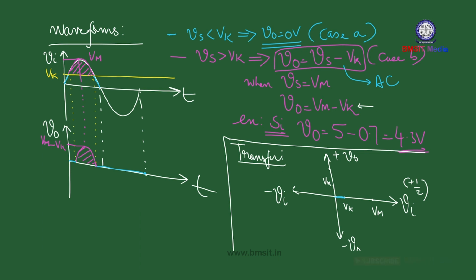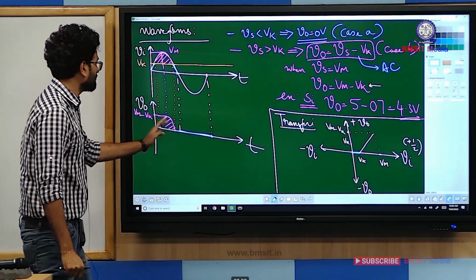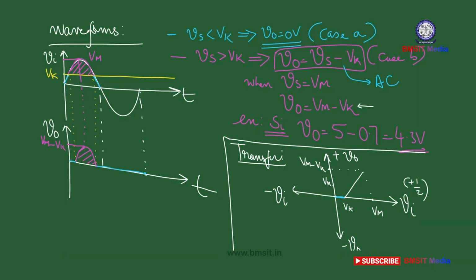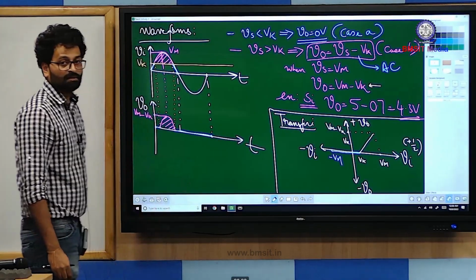So in that case, a straight line. The maximum value of the output is Vm minus Vk. And for the negative half cycle, your output is 0 volt, so a line parallel to the negative x-axis. So this is the transfer characteristics.